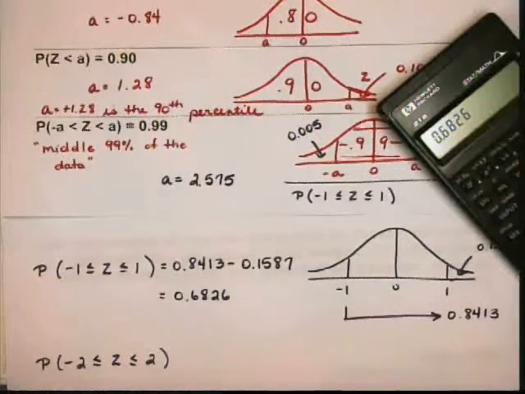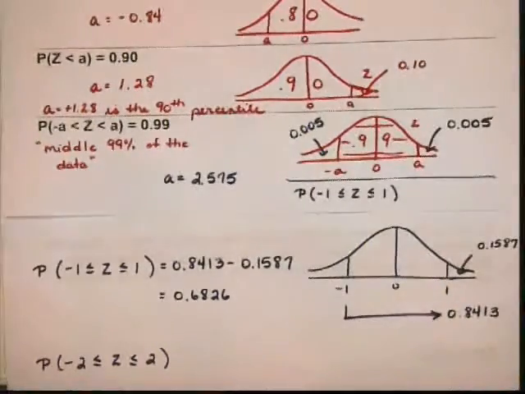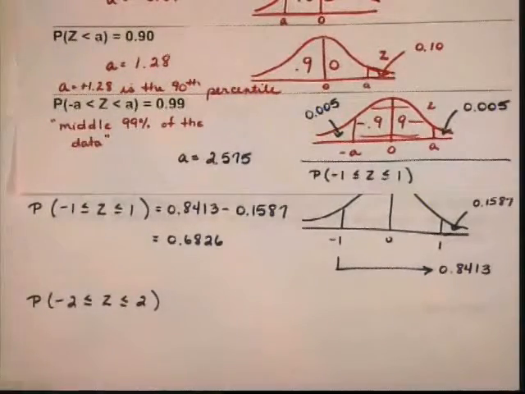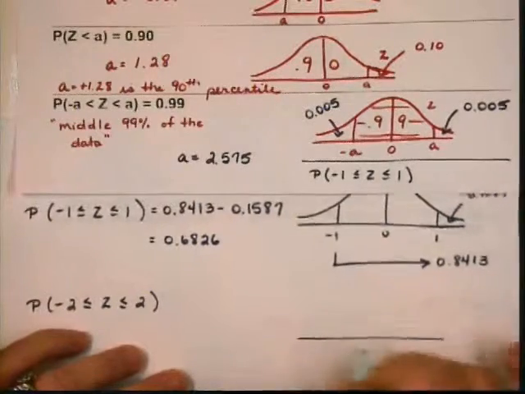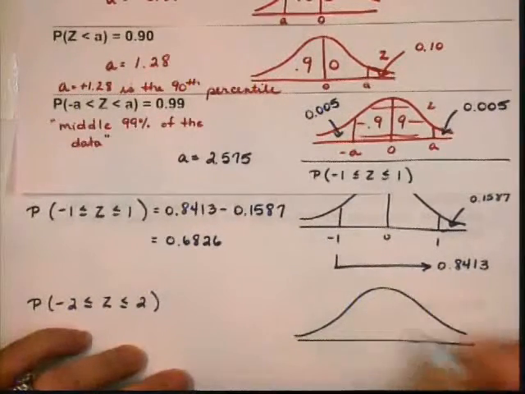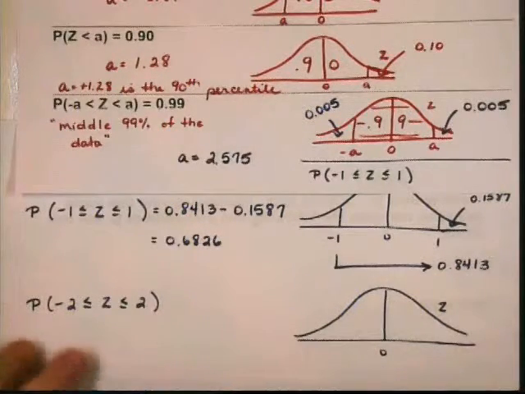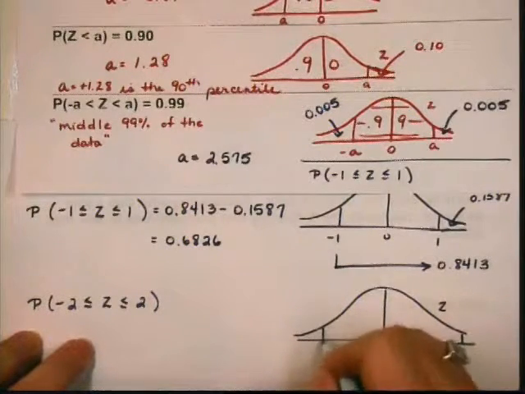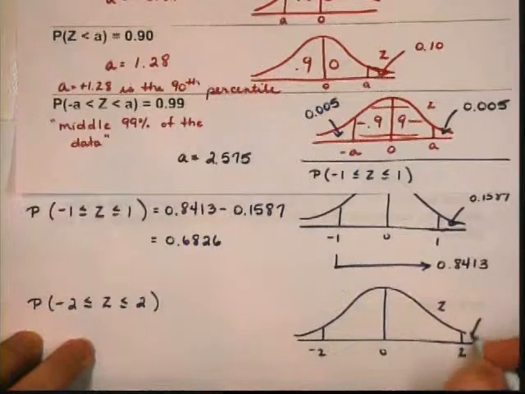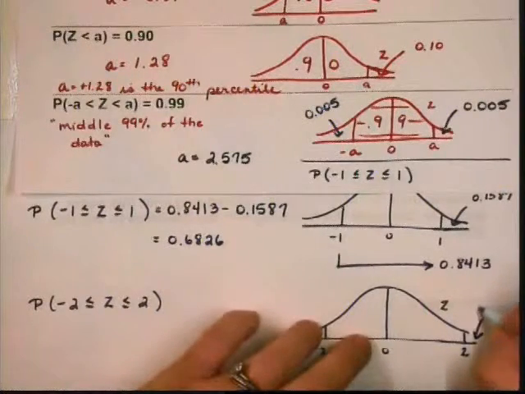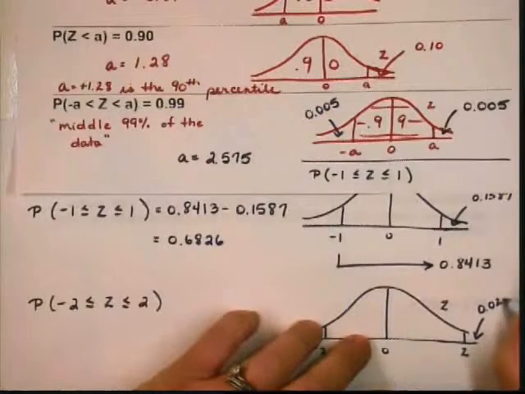Do we need to go through it, or are you okay with it? What does no answer mean? Or yes to an either or question? Okay. So +2, -2. What's this area for z equals +2? It's 0.0228.